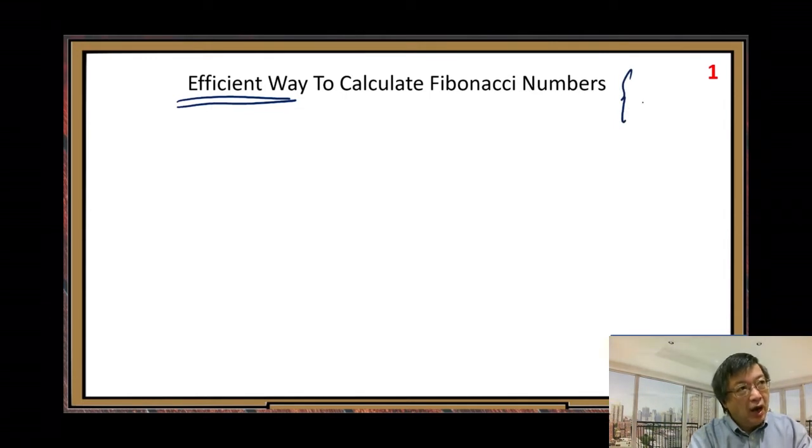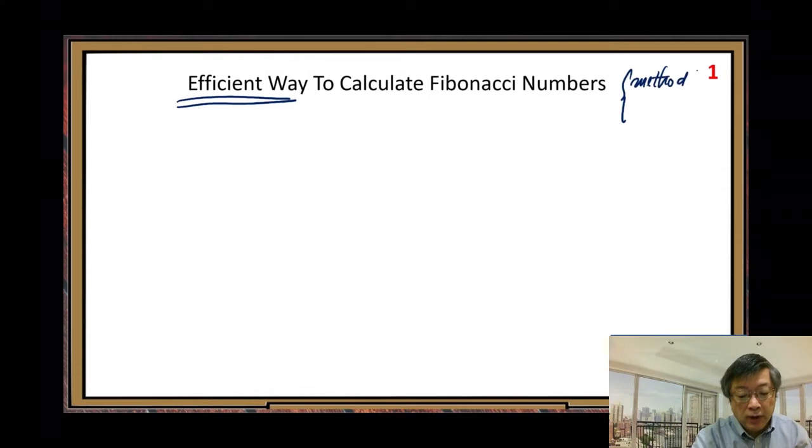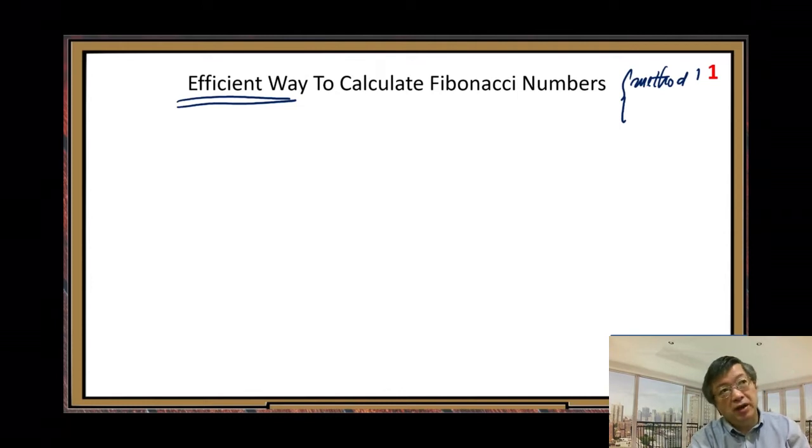For this class, we have several different ways to calculate Fibonacci numbers. In this project, project number 2, we compare two methods. So method 1, it is a very bad one. How bad it is, later we will see. And actually, through your programming experience, you can feel how bad it is.